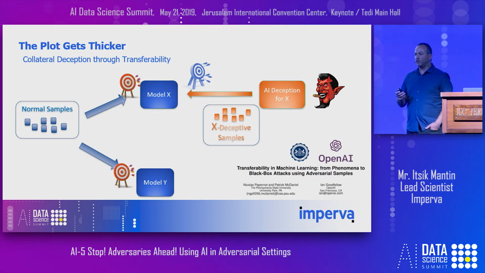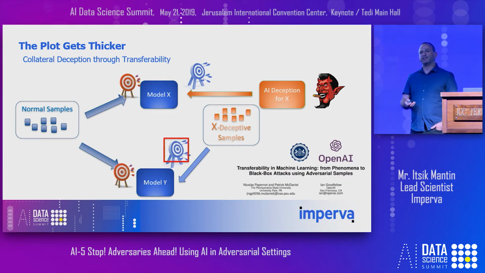It turns out that transferability works: in many, many cases, the samples that were generated to deceive model X are also effective against model Y. And this essentially kills mitigation solutions that suggest, let's obfuscate the model, and then we're good, we're done.